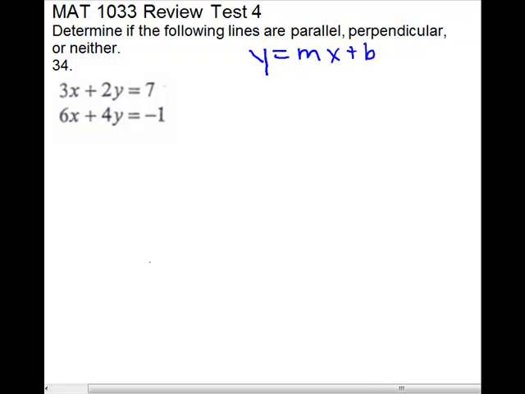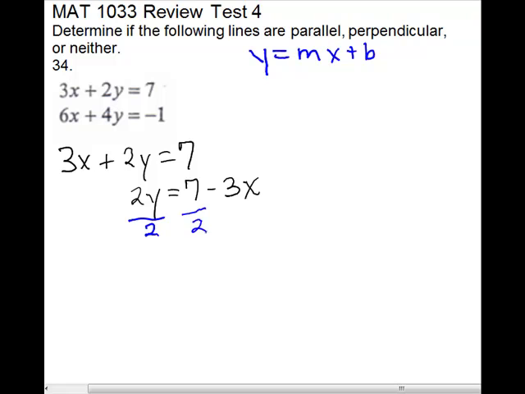On our first equation, I'll just rewrite it, 3x plus 2y equals 7. We want to get y by itself, so we're going to subtract 3x from both sides. And then you're going to divide by 2. When you're working on lines, you divide under each piece instead of just all in one shot like you would do a formula.